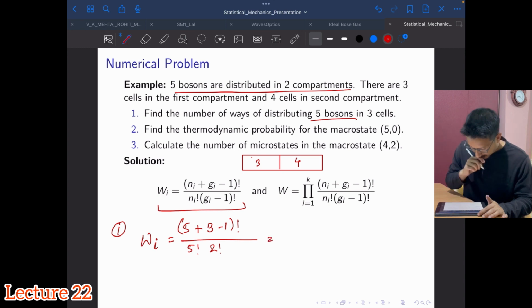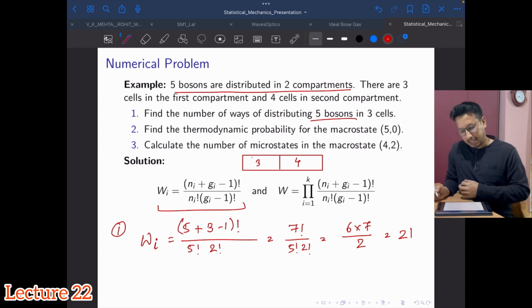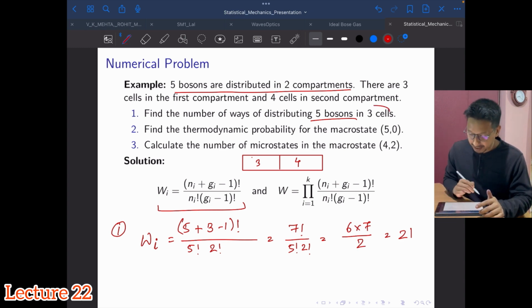This will end up giving me 7 factorial divided by 5 factorial 2 factorial, which is 6 by 7 and divided by 2, which is going to give me 21. So there are 21 ways to distribute 5 bosons in 3 cells.